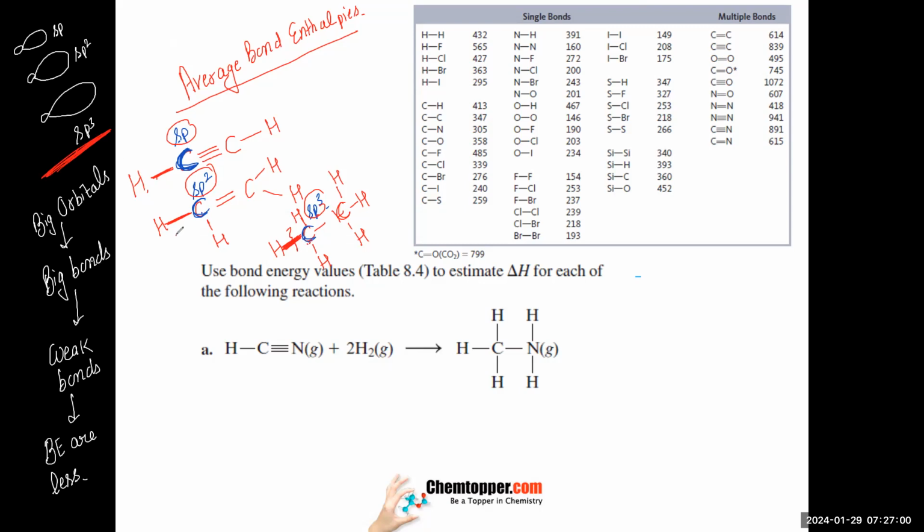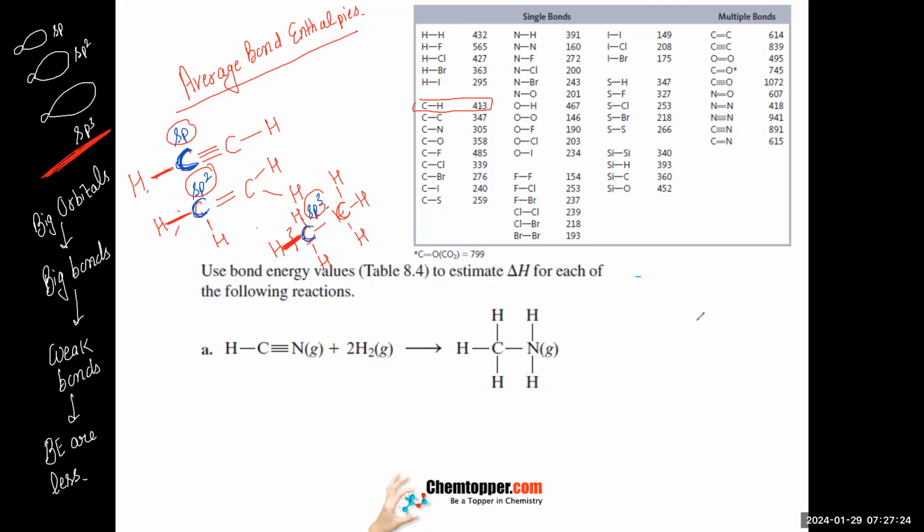Then this one, then this one. But how come they have given us only one carbon hydrogen type of bond length, bond strength, bond energy? Because they are giving you the average of all types of bond enthalpies. This is three types here.